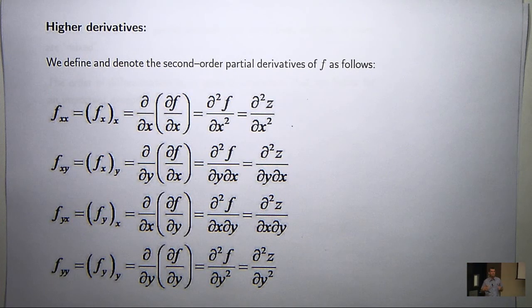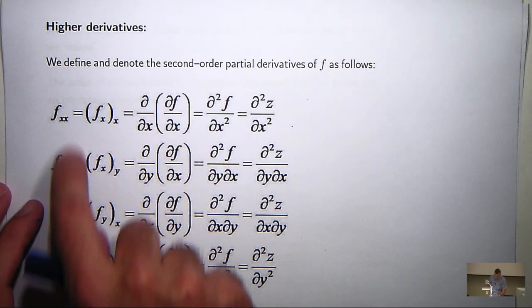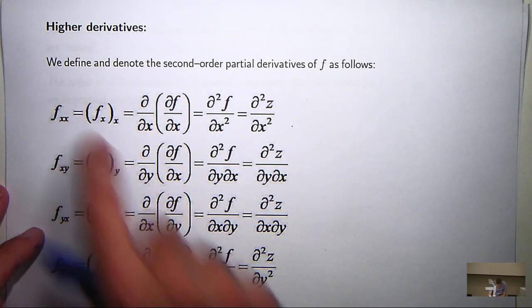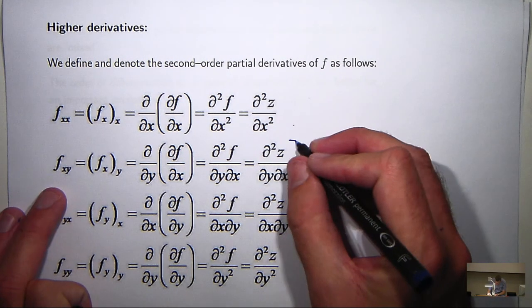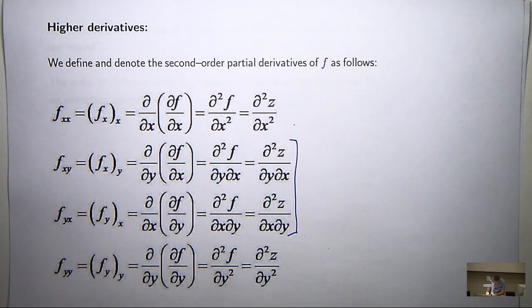Well, for these functions of 2 or more variables, you can talk about second order partials, third order partials, etc. Now, the important thing here is that there are 4 second order partial derivatives. 4. So you can see you've got repetition here, and these 2 in the middle are known as mixed partials. Now, we'll talk about those tomorrow. So see you all then.